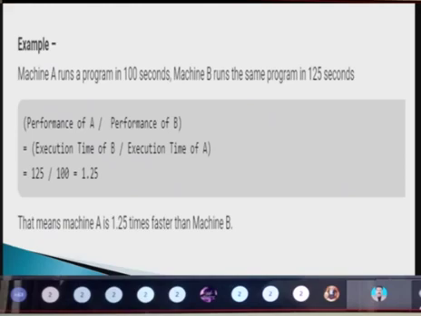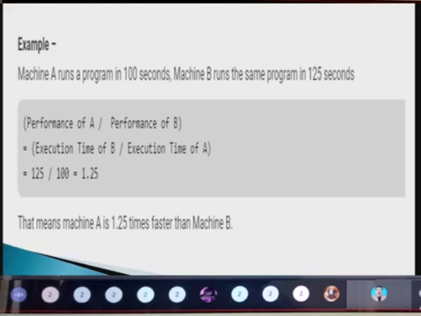So the performance of A divided by performance of B, as I said previously, performance of A means 1 by the execution time of A, that is 1 by CPU time of A. Performance of B means 1 by execution time of B.